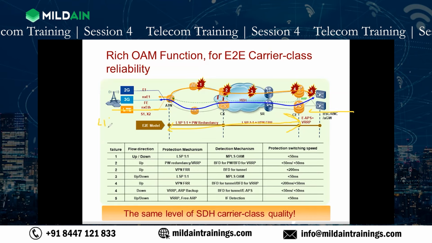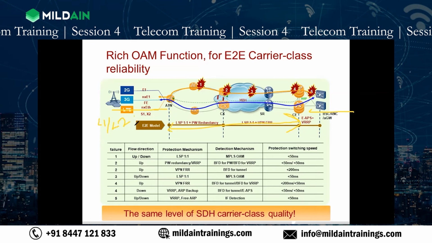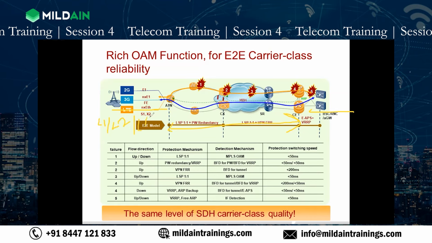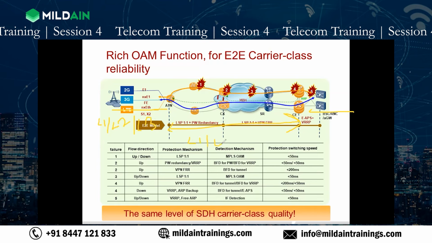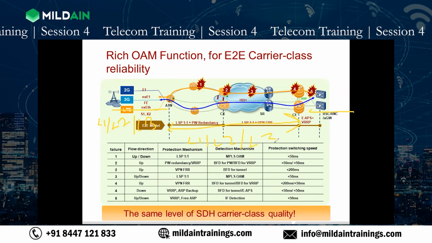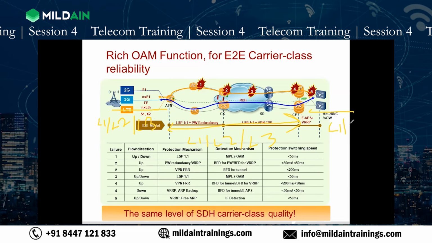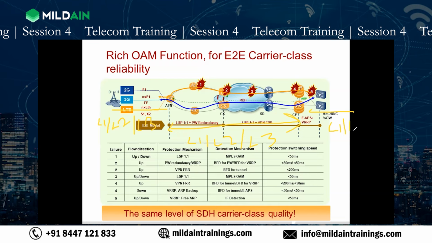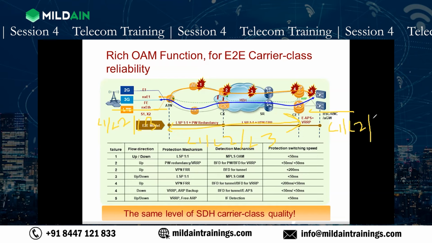It could be L1, L2, or L3. So any permutation and combination I can carry. Nowadays L0 as well. But let us talk about OSI only right now.